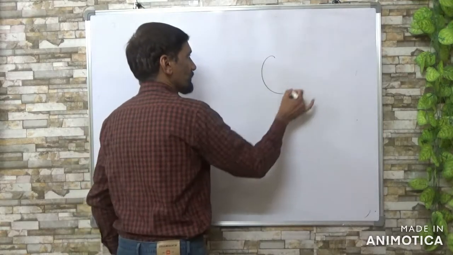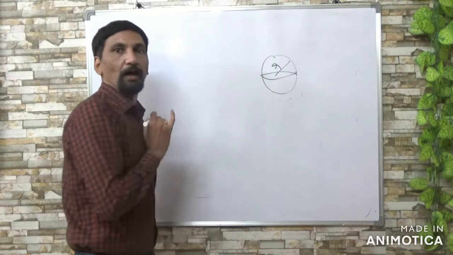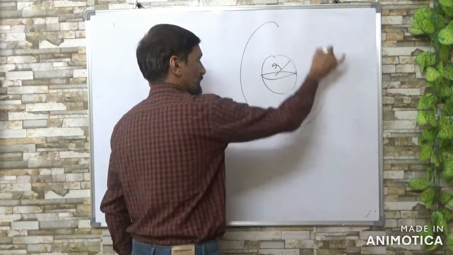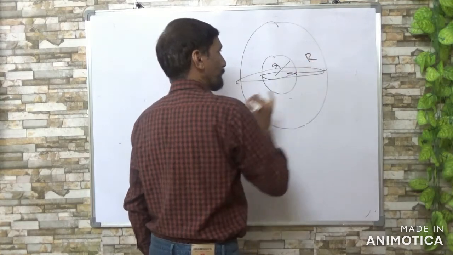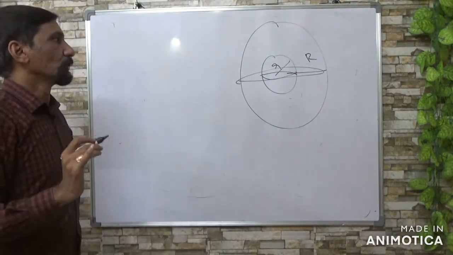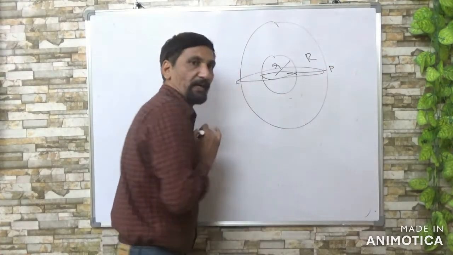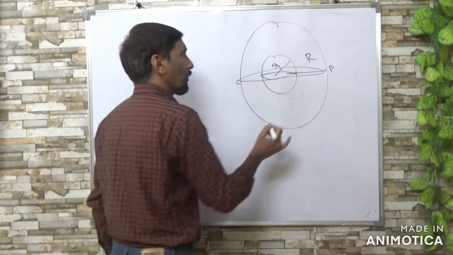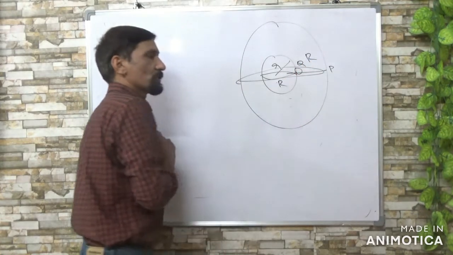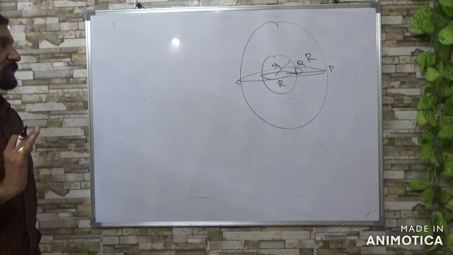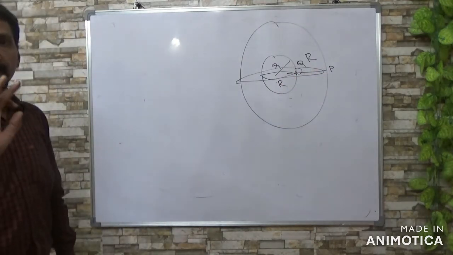This is the charged sphere of radius r, and the Gaussian surface has radius capital R. First we'll consider the field on the Gaussian surface.